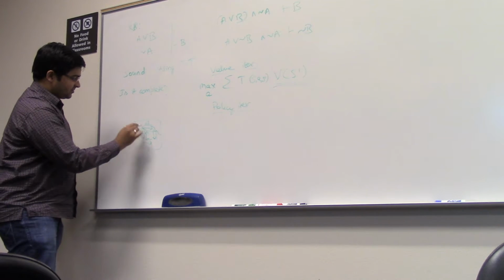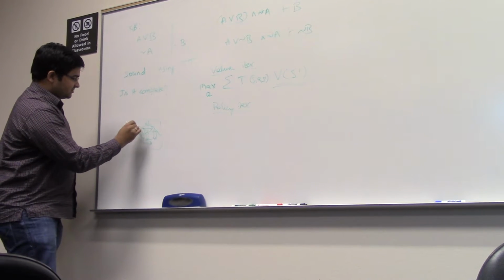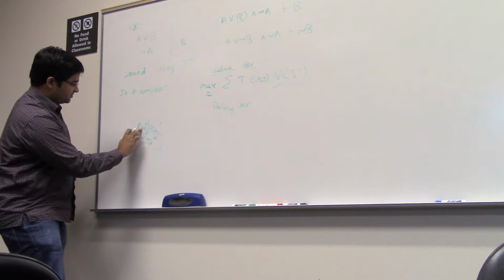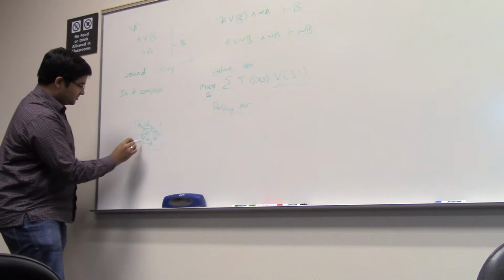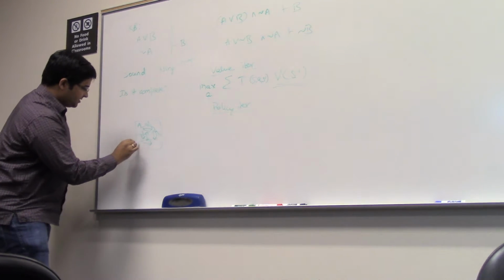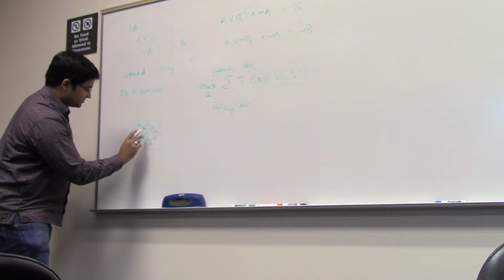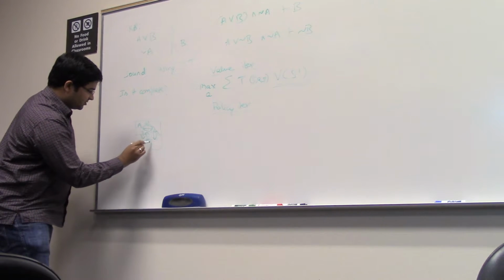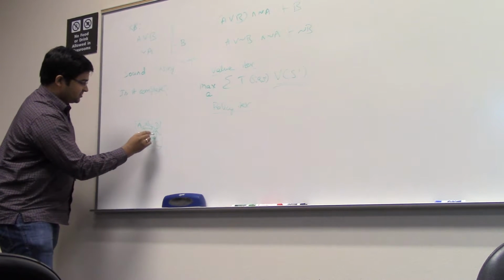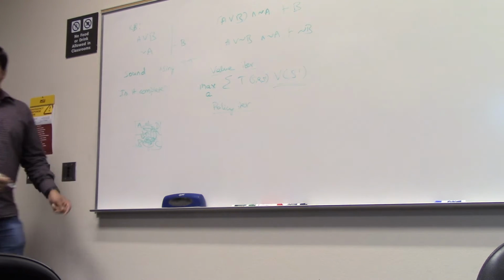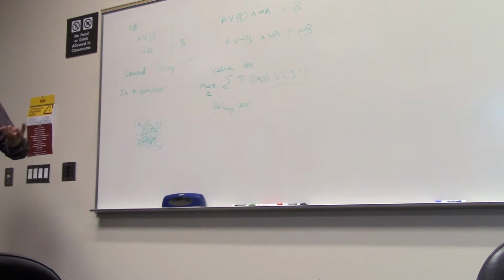In B, I choose an outgoing action, maybe this. In C, I choose this action, and in D, I choose this action. Something like that. So this becomes a random policy.